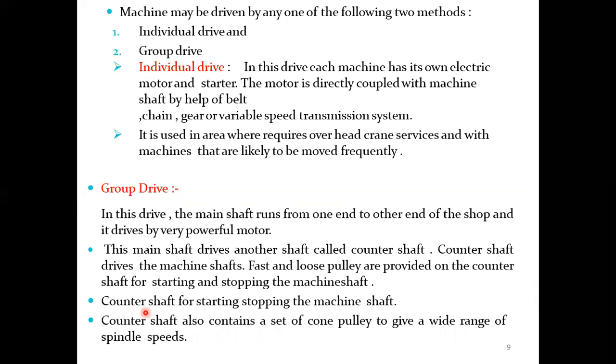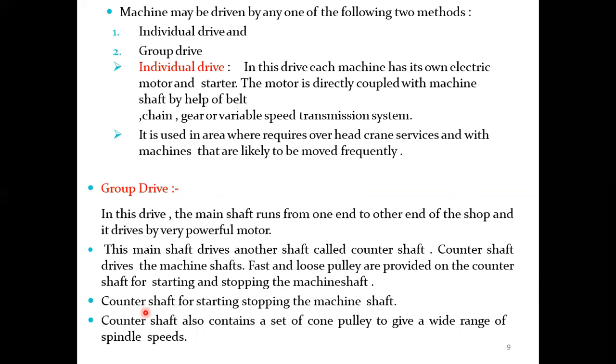Now the group drive. In this drive, the main shaft runs from one end to the other end, and it is driven by a very powerful motor. The main shaft drives another shaft called the counter shaft. The counter shaft drives the machine shaft.